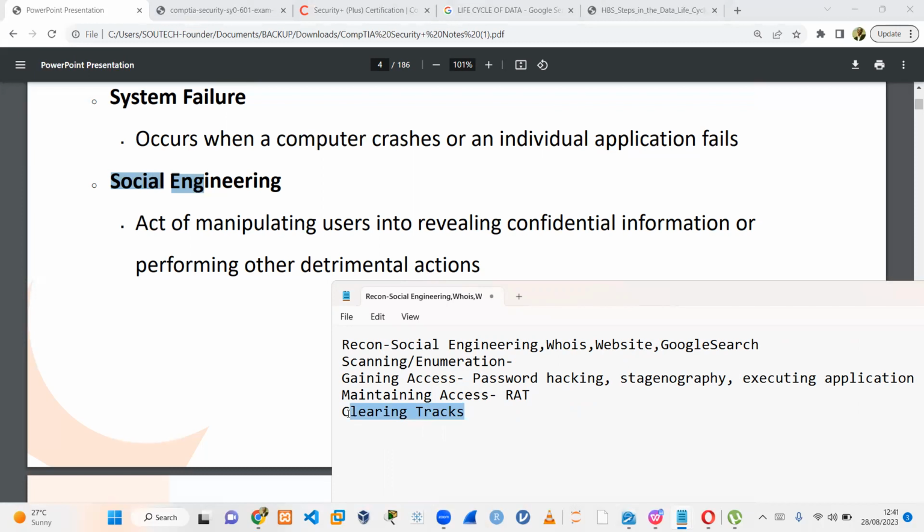So one way you can also understand persons that are not grounded on methodologies for hacking is that they do most of the things they do without clearing tracks. And clearing tracks gives the inroad to reconnaissance, right? So it's what you have as tracks of an incident that is going to be used for reconnaissance.